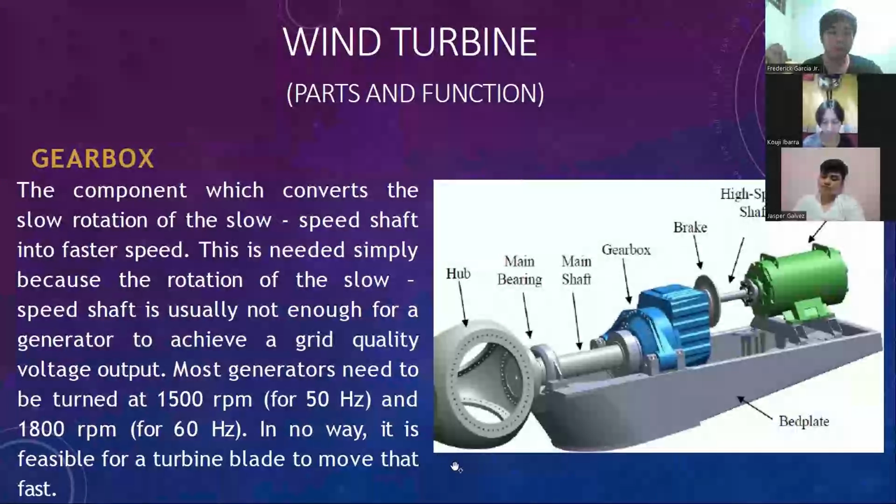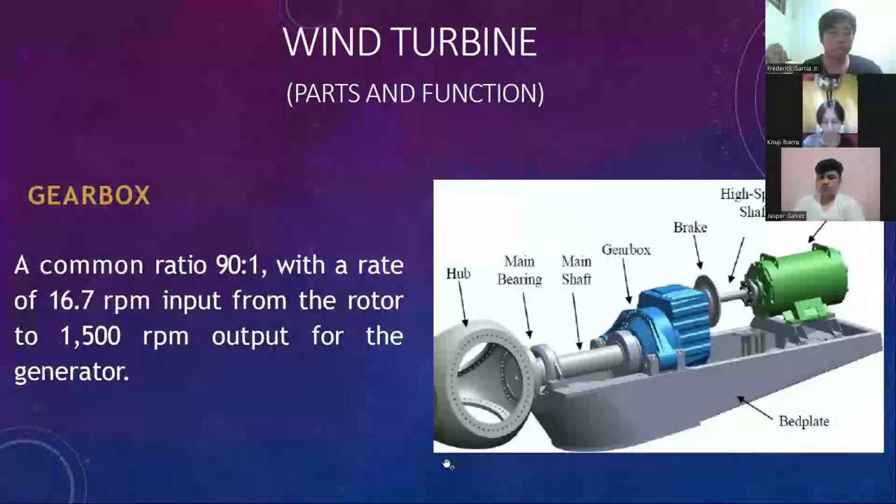See here, it states that it is not feasible for a turbine blade to move that fast. So we use a gearbox to step up that gear ratio for the 1800 RPM required. A common ratio of 90:1 with a rate of 16.7 RPM input from the rotor to 1500 RPM output to the generator.